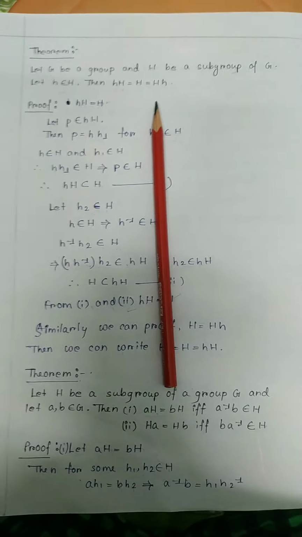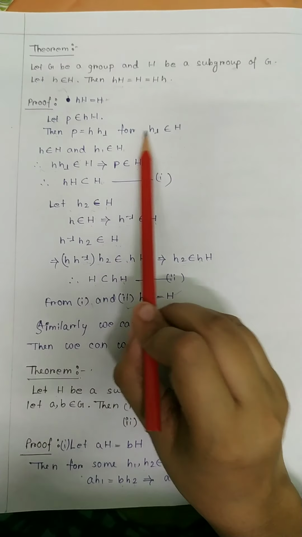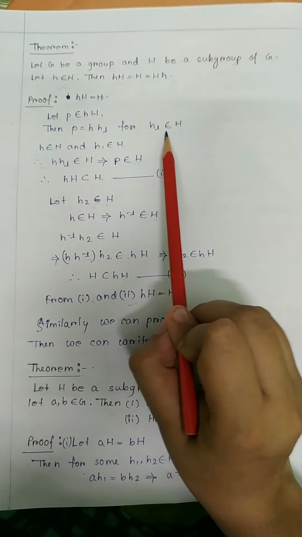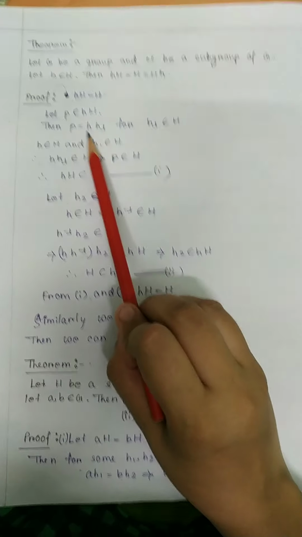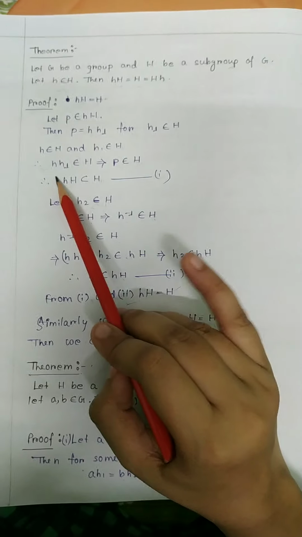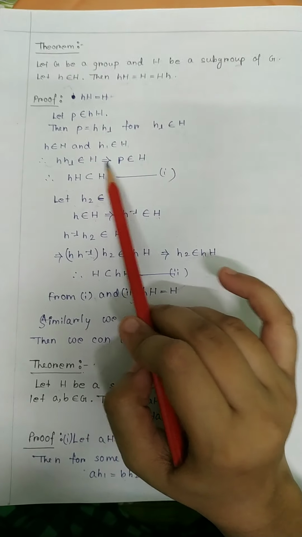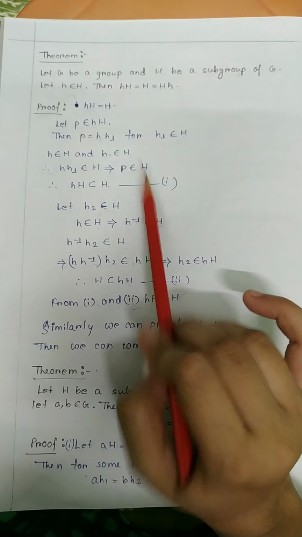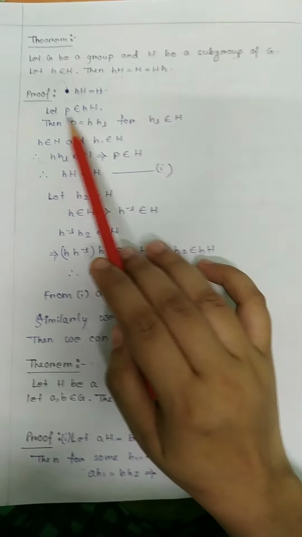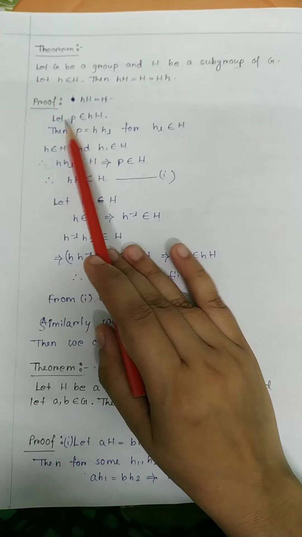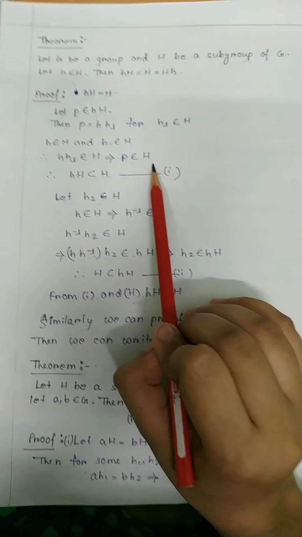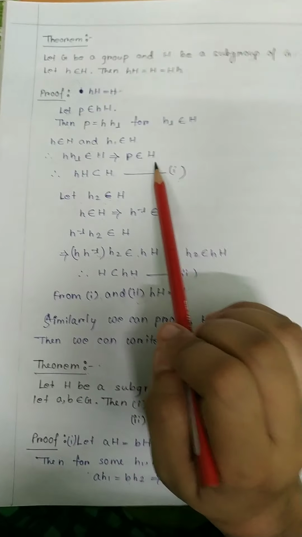Then p = hh1 for h1 belonging to H. As h belongs to H and h1 belongs to H, hh1 also belongs to H, which implies p belongs to H. We let p belong to hH and find p belongs to H. So hH is a subset of H.